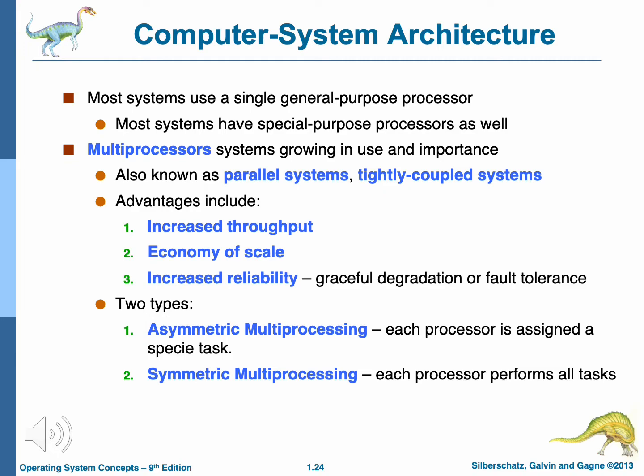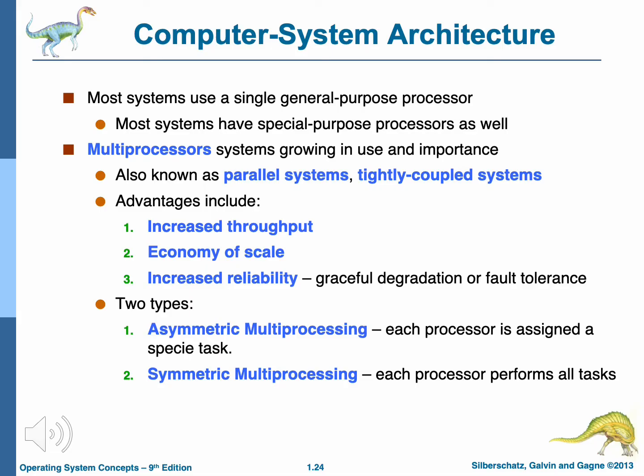Single-processor systems. Until recently, most computer systems used a single processor. On a single-processor system, there is one main CPU capable of executing a general-purpose instruction set, including instructions from user processes.